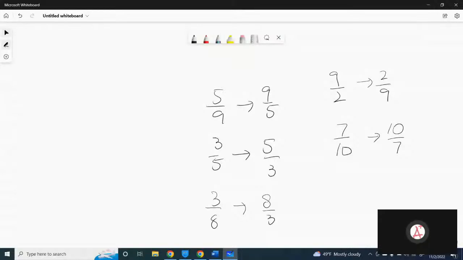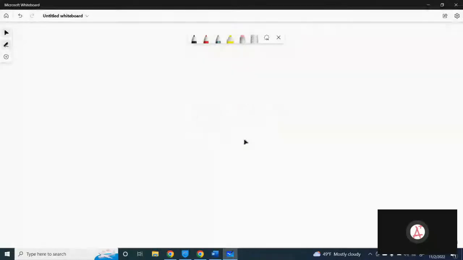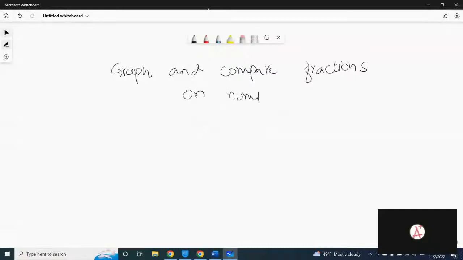I'm just moving on to the next topic, and the next topic is graph and compare fractions on number line. So now you have to compare the fractions on the number lines.